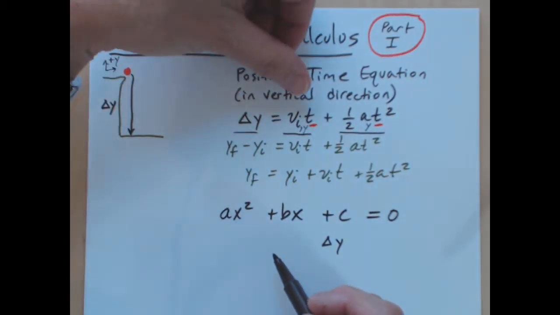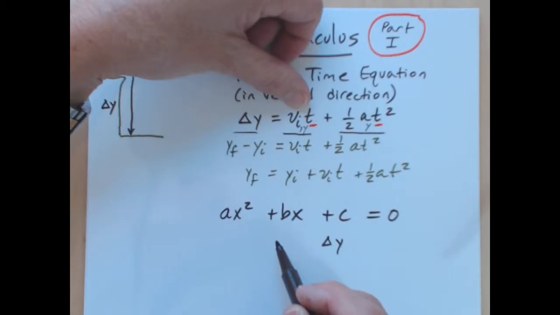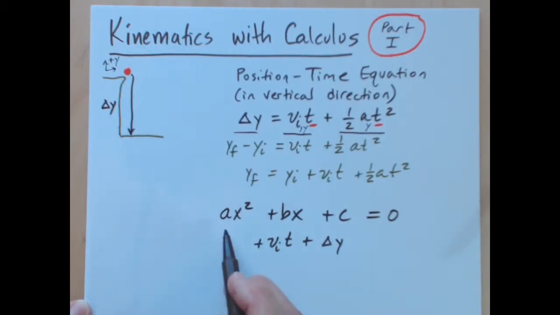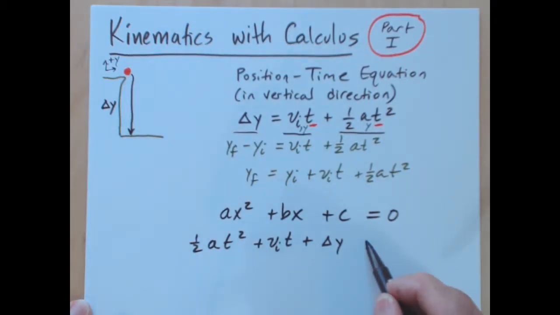So v initial t corresponds to this plus bx term. So plus v initial t, and then plus c is plus delta y, and then the squared term, or the quadratic term, is the 1/2 at squared, and we'll go ahead and write equals 0.